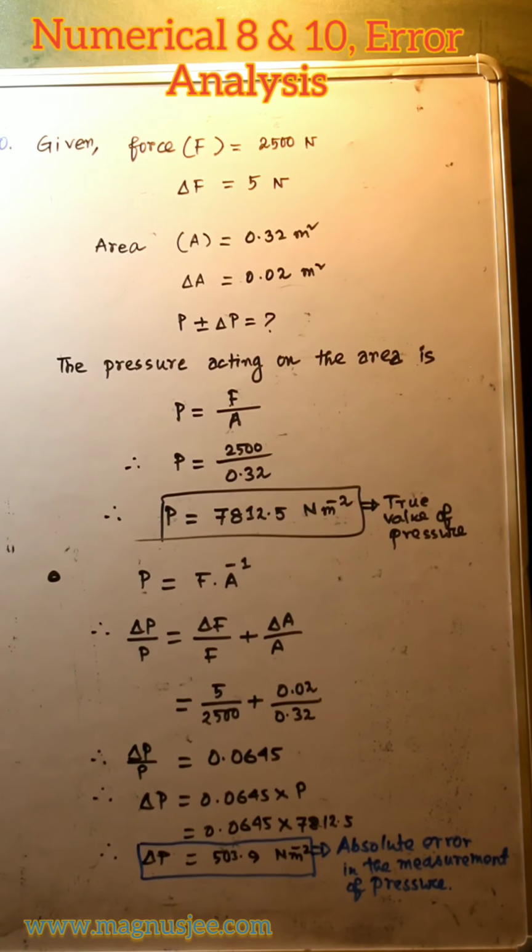Hence, what is the question? We have to find the value of delta P by P and the value of pressure exerted. Hence, this is the answer.